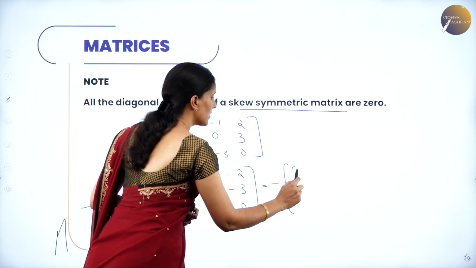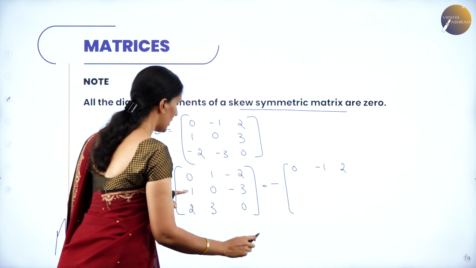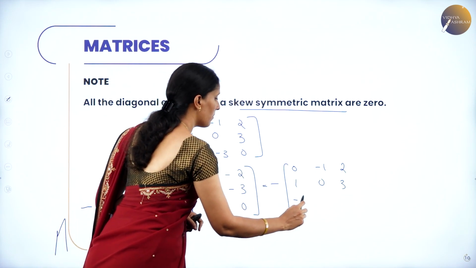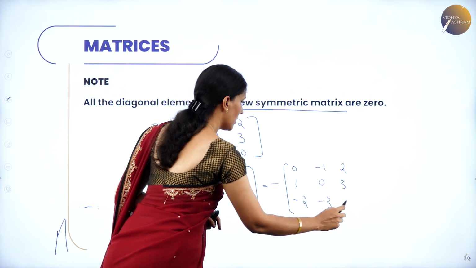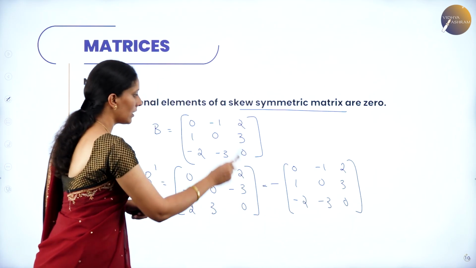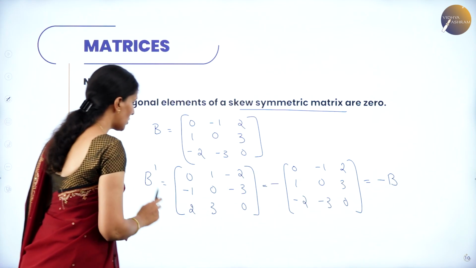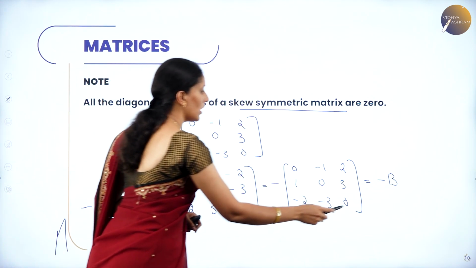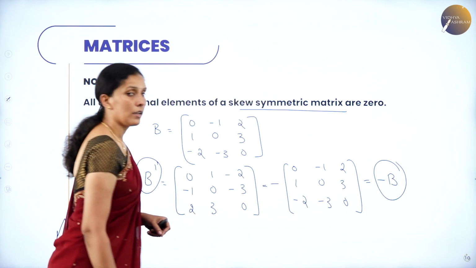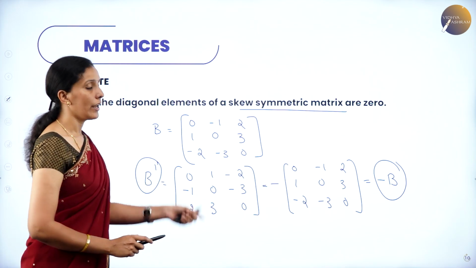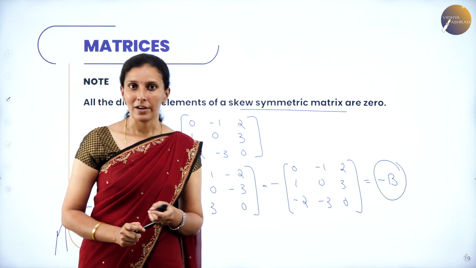Then it becomes 0, minus 1, 2, 1, 0, 3, minus 2, minus 3, 0. See here, these are one and the same, and this is equal to minus B. So whenever the transpose of a matrix is equal to the negative of that matrix, it is called a skew-symmetric matrix.